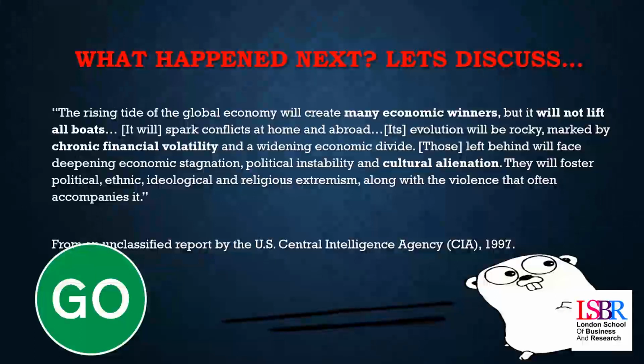Yeah, absolutely. Thank you. That was a good point. So yes, unfortunately, some of the things mentioned in the CIA report from '97 have been proven true, and there has been an element of extremism that has emerged as a result of globalization, which is a negative, of course. In an ideal situation, we would be able to combat these types of behaviors, overcome them, and prevent them causing tragedy across the globe.